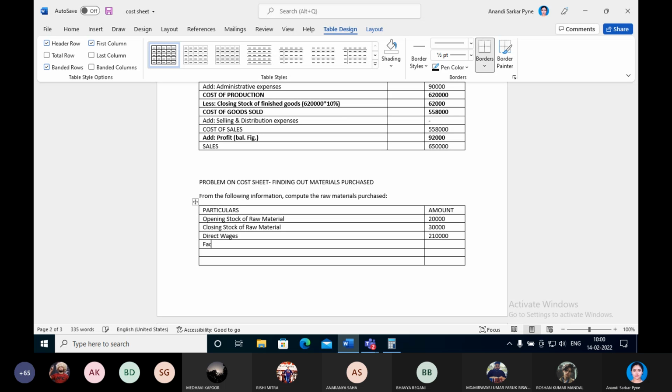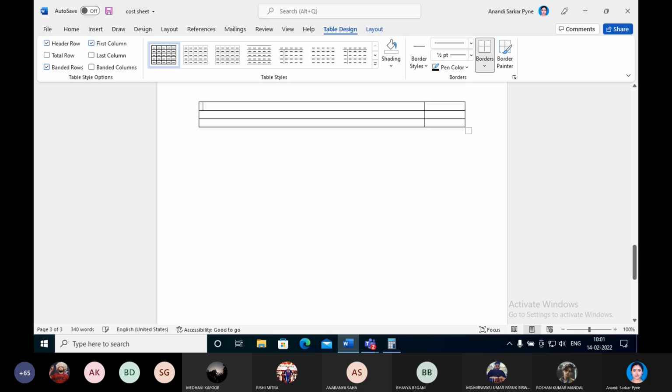Factory overhead, 60% of direct wages. General overhead, 10% of works cost. Cost of production, 6,88,600.